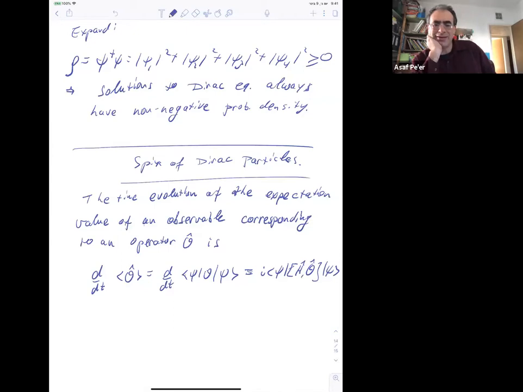Guys, I'm very serious. This is the first time I'm delivering this course here in Bar Ilan, and I prepared it aimed at undergraduate level, so it's not for masters. For master's level, I would put in some group theory. I have to assume that you know some things about quantum mechanics, but not too much. If there is something which you do not know, feel free to ask. Feel free to even send me an email privately.